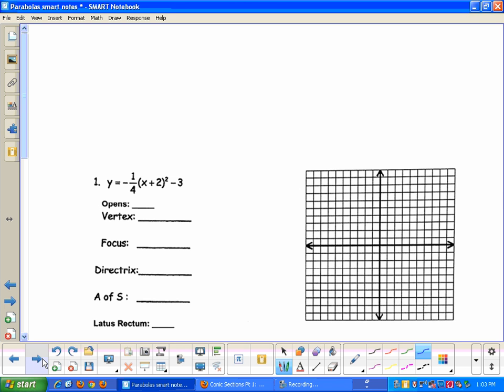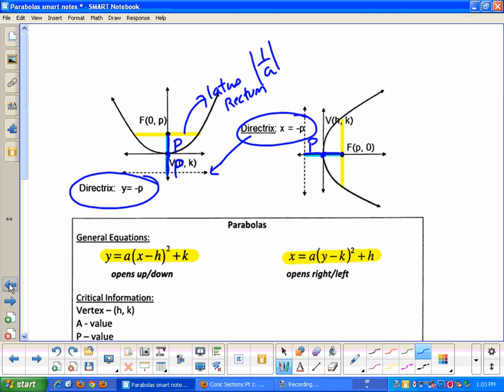Now, before I move on, I just want to say that some books and some people write these equations differently. I like to use the forms that we have right here because this is more of a vertex form. However, you'll see sometimes that people will write the equation like this.